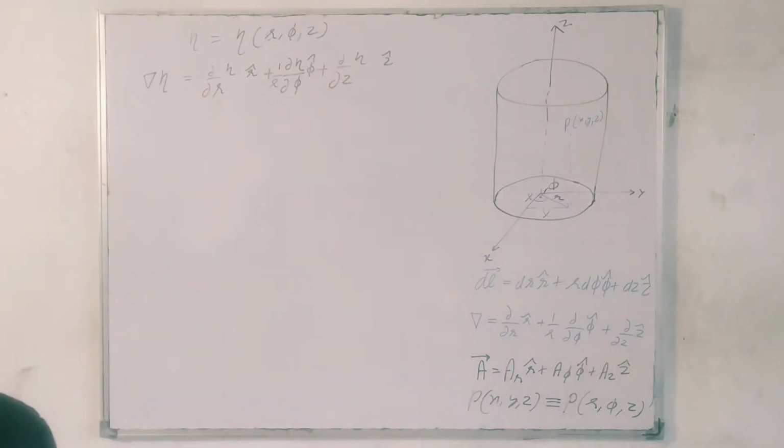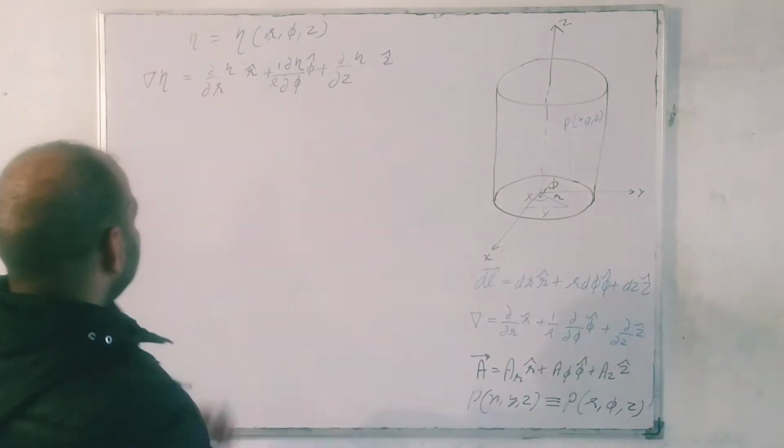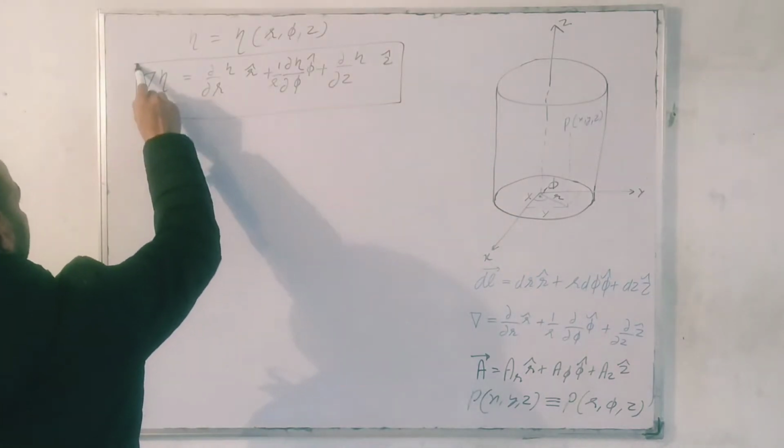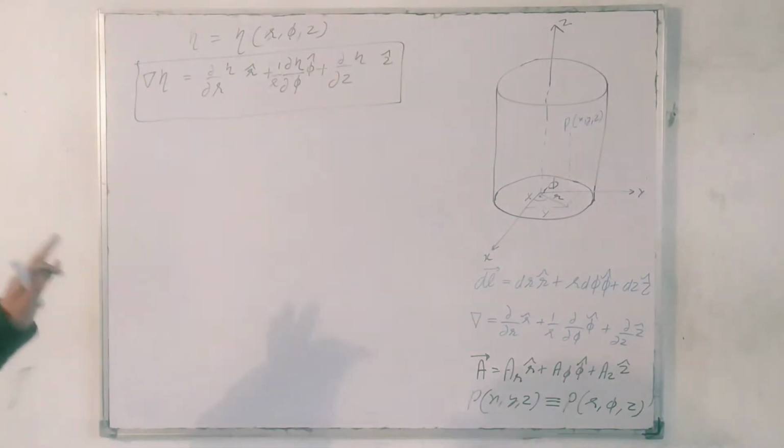So gradient is quite simple in the cylindrical coordinate system. So this is the gradient of any scalar function in the cylindrical coordinate system.